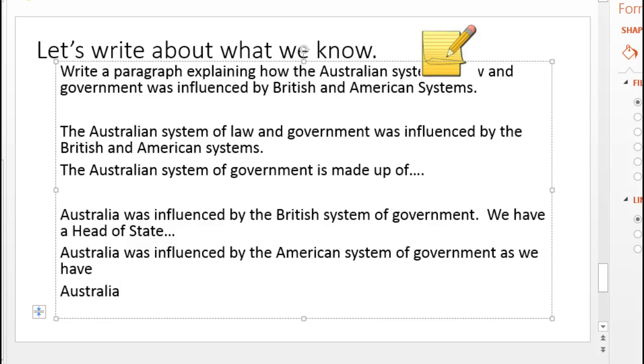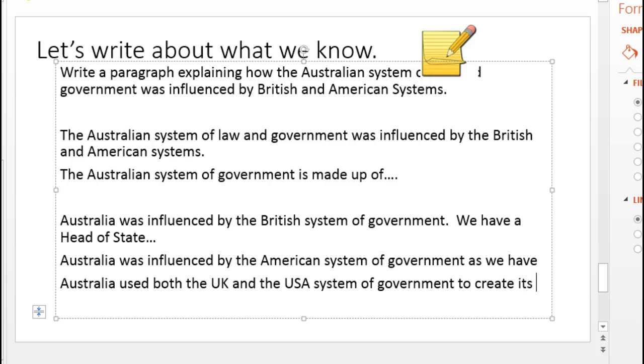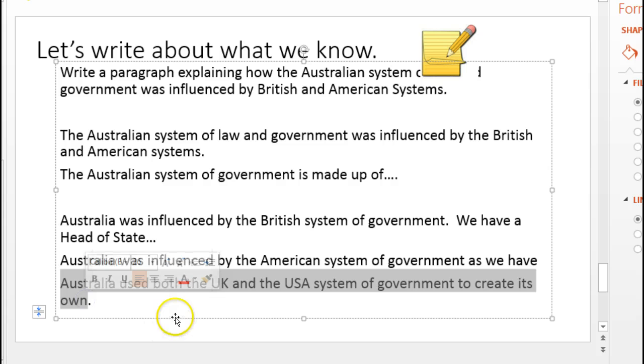Australia used both the UK and the USA system of government to create its own. The end. So that would be your concluding sentence.